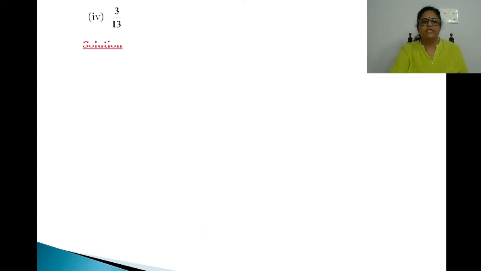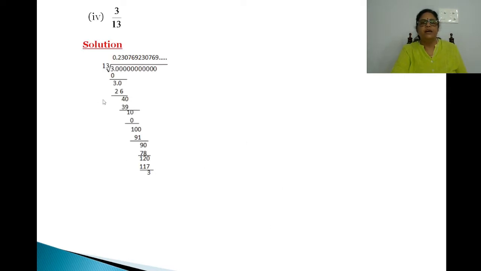Fourth one, 3 by 13. So the decimal expansion of 3 by 13: we started from 3 and here it ends at 3. That means this process is repeating. That means 0.230769, again 230769, again 230769, and it will repeat.